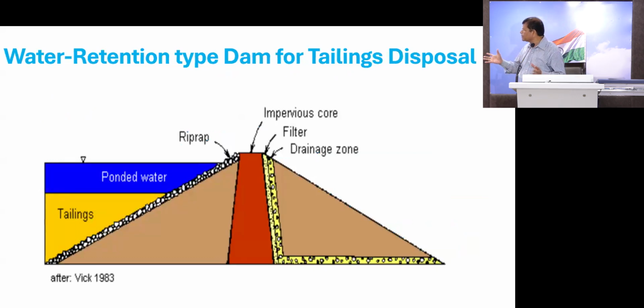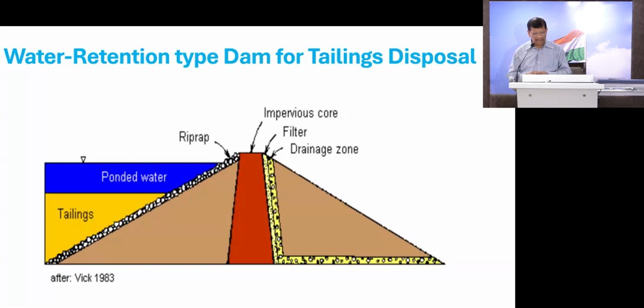Again, people initially were using this structure also. This is like a hydro dam. So you have an impervious core, and then on the upstream and downstream side you have rockfill material, and then you have a filter zone or a riprap, and then you have the tailings.